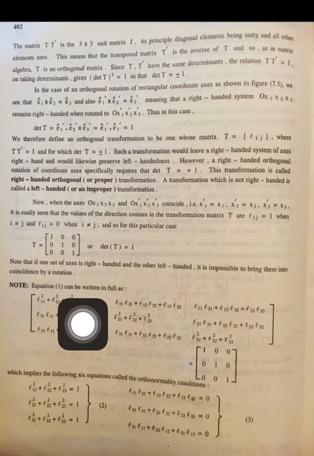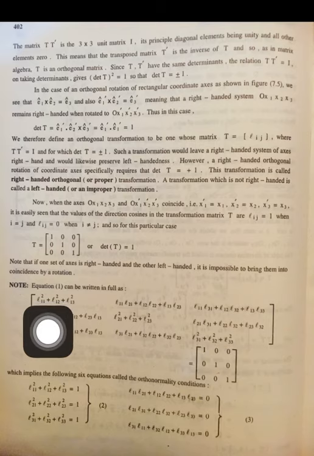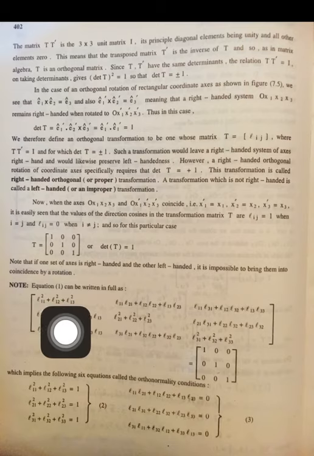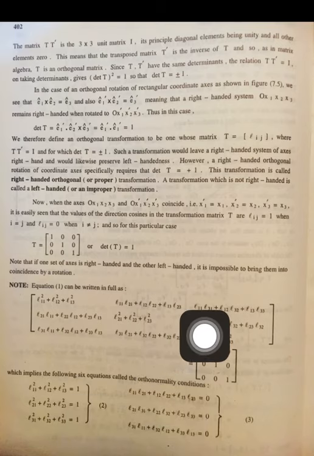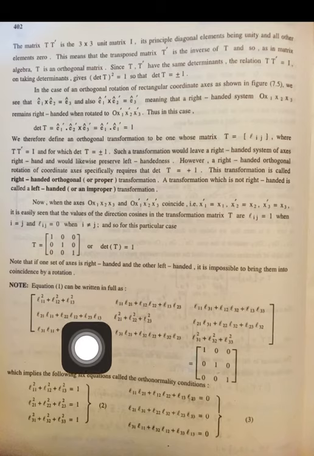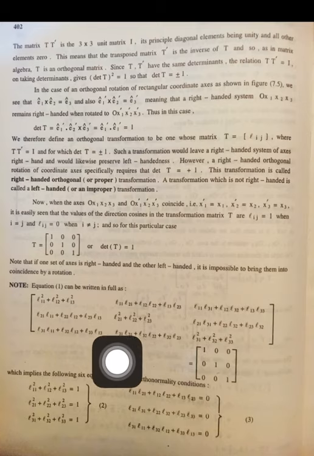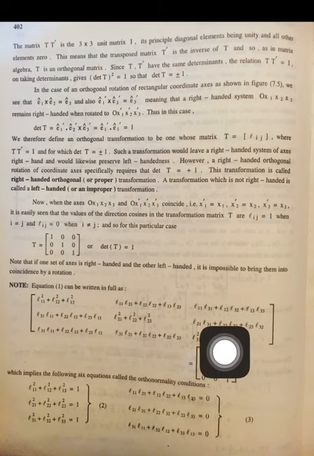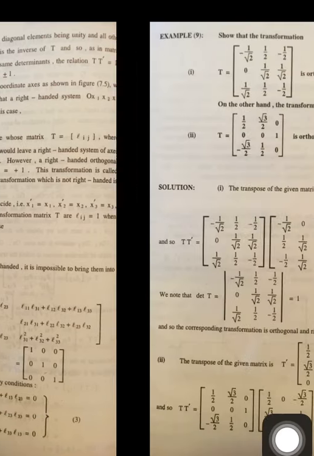Comparing these two matrices, I get that L11 square plus L12 square plus L13 square is equal to 1, and this result is equal to 0, this is also 0, this is also 0, but this result is equal to 1. This is also 0, this is also 0, this is also 0, and this result is equal to 1, like this.